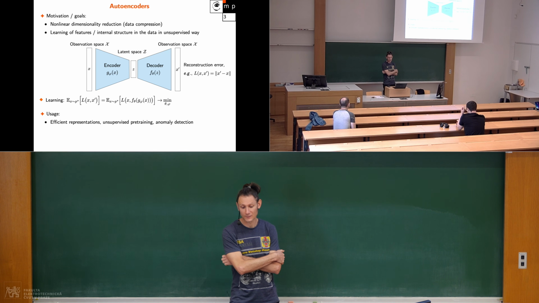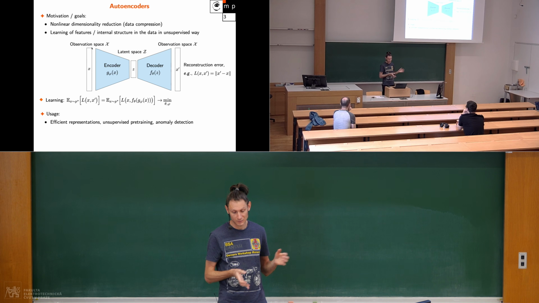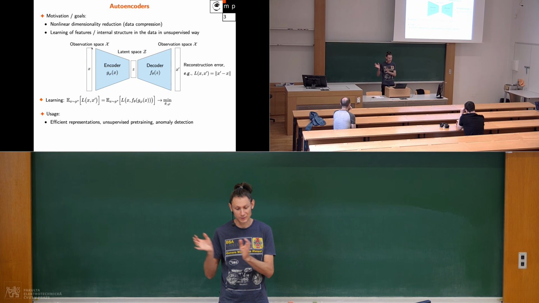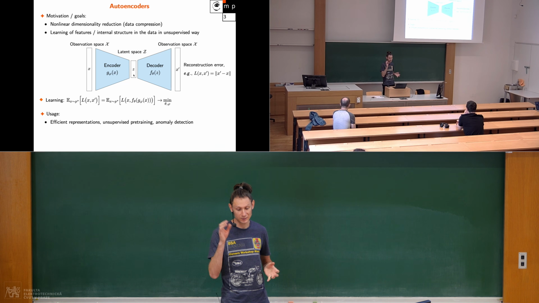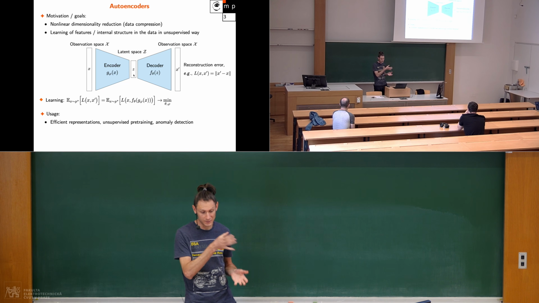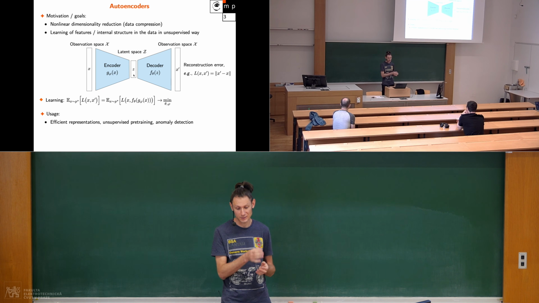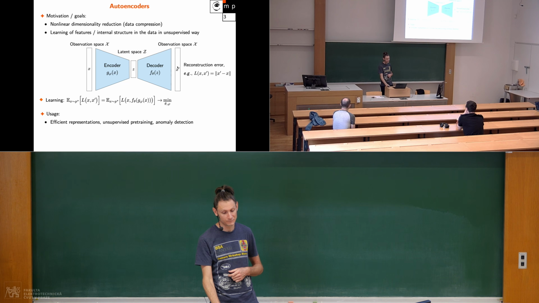So to learn such an encoding, the idea was, given the data, to construct an encoder and decoder, to learn to represent this data in a much lower dimensional space. That's the compression part, such that it can still be well reconstructed back.